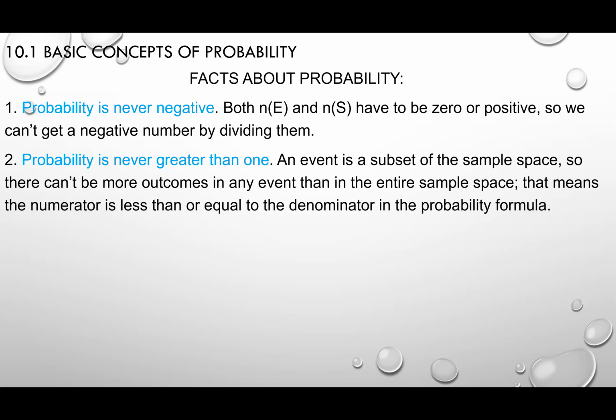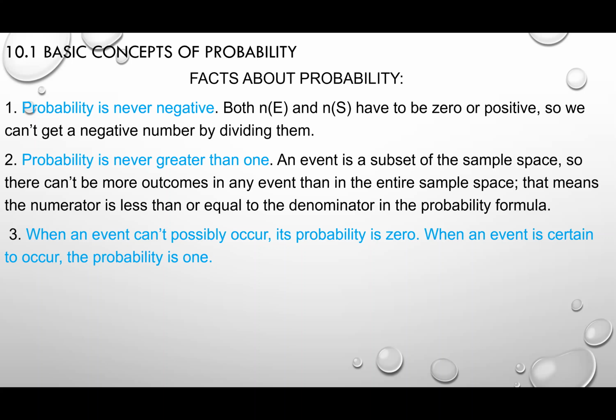Okay. The other thing, like I mentioned, is this level of certainty, right? If it's 0, meaning it's impossible for it to occur. Whenever your probability equals 0, it's impossible for you to have it.